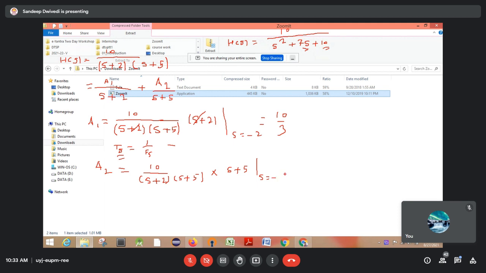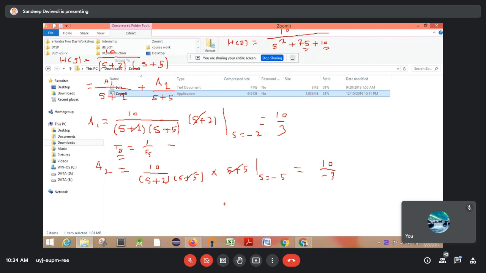So this s plus 5 will be cancelled out, and here s is minus 5. So minus 5 plus 2, this will be minus 3. So it is 10 divided by minus 3. Correct?